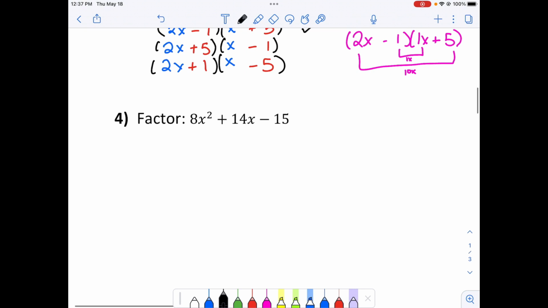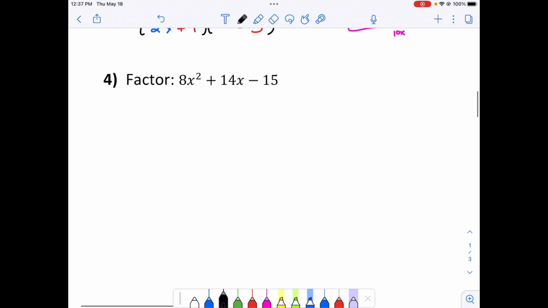So the final example, and of course, feel free to pause this at any time and try this on your own. But we have a lot of different options here because we don't have a greatest common factor, but we also don't know if this is going to end up giving us an 8x and an x, or if we're going to end up with a 4x and a 2x in order for us to get the 8x squared term.